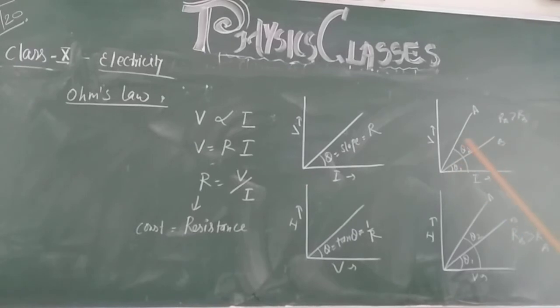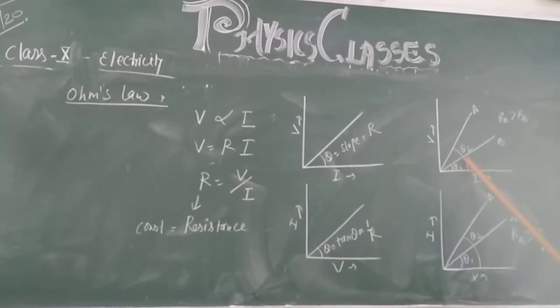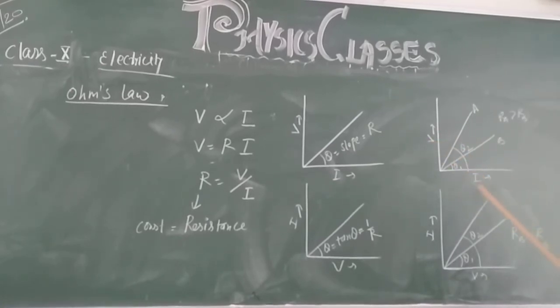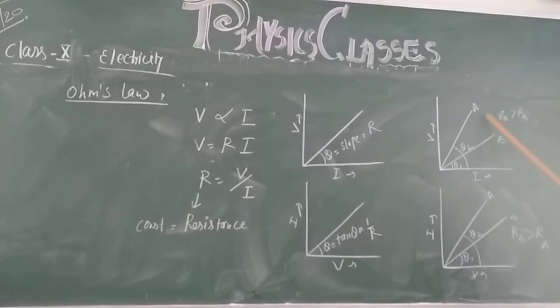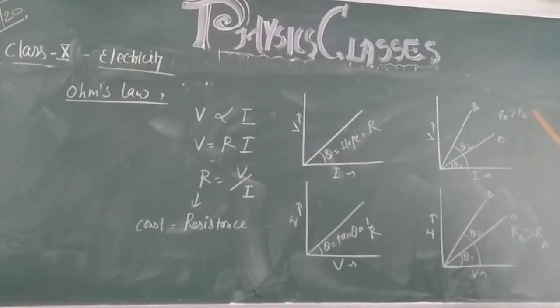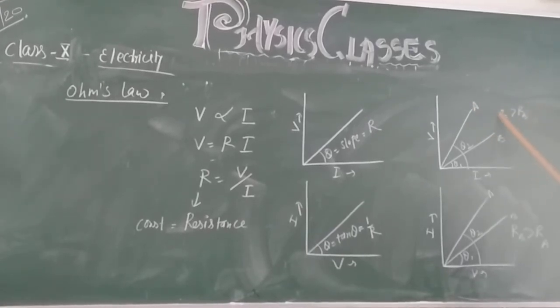This is theta 1, this is theta 2. We have to find which theta is more. Theta 1 is less and theta 2 is more. The graph is VI, with V along the vertical axis and I along the horizontal axis. Then theta 2 is more, which means the resistance of A is more than the resistance of B. In this figure, RA is greater than RB.